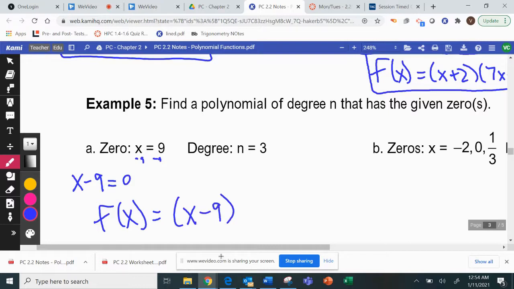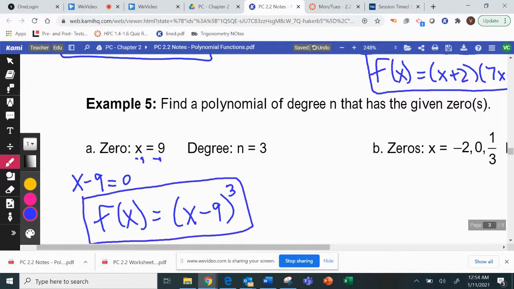Currently, that degree is just 1 because there was only one solution. So in order to make it a degree of 3, we need to have 3 of those same solutions. We need to have a multiplicity of 3. We could not add a different factor here because it only has the 1 zero.